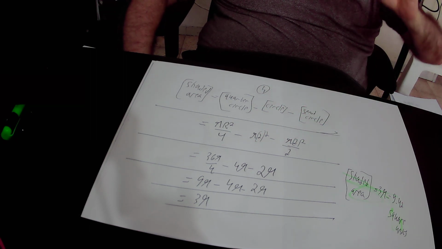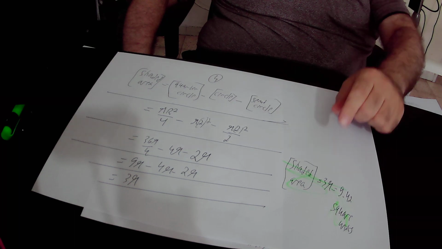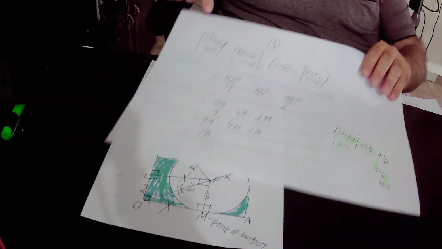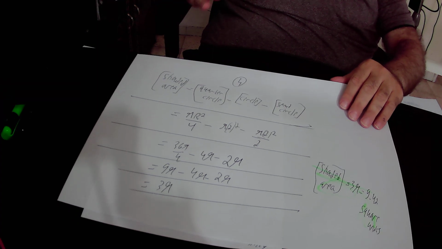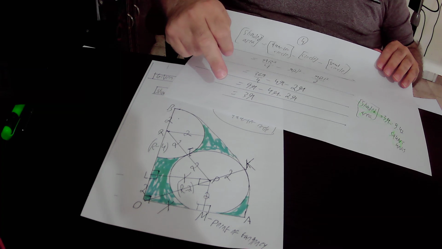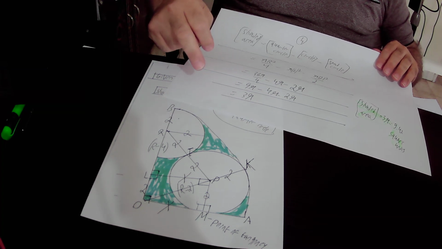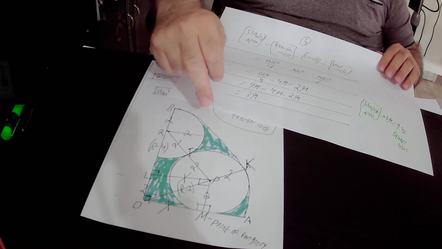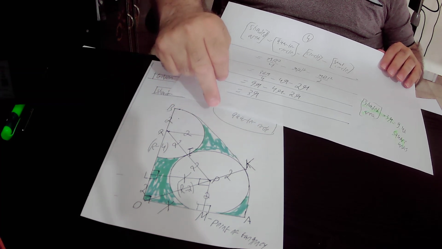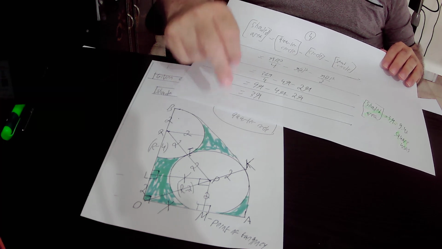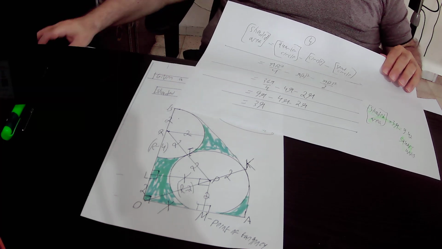So in conclusion, the value of this shaded area equals 3 pi square units, or in terms of numbers, it is equal to 9.42 square units. Okay, thank you very much.